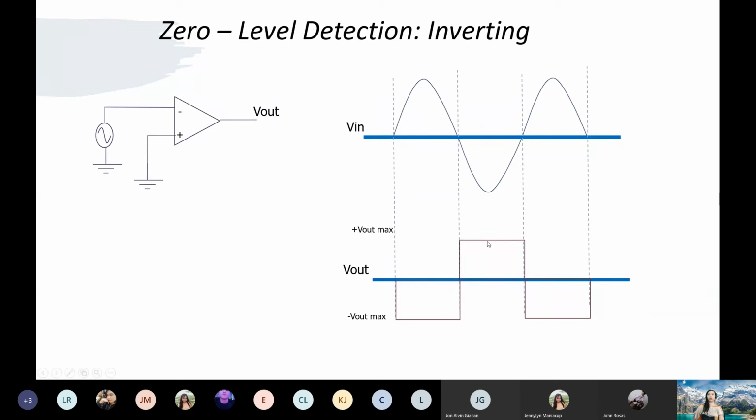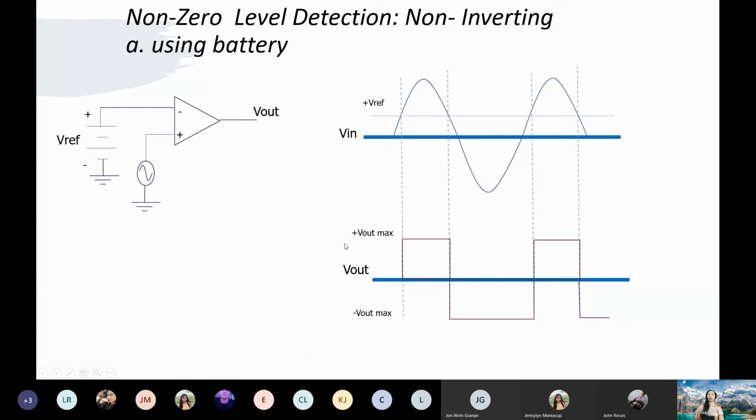Your output varies from negative to positive V out maximum, approximately equal to the supply. Yan. So with comparators, you're just drawing the V out here. You have very minimal computation.